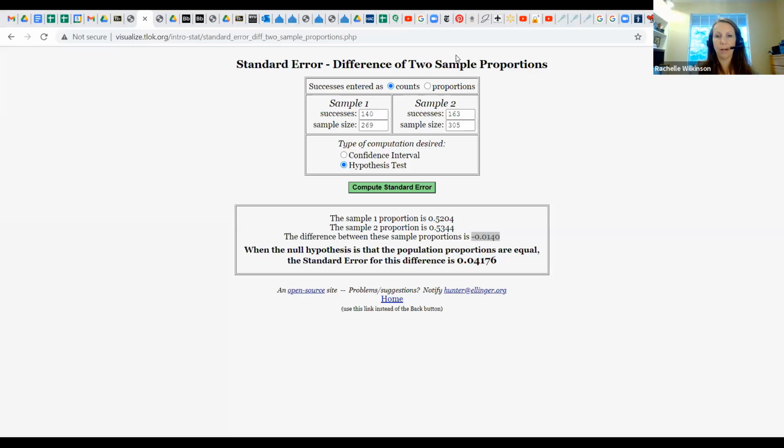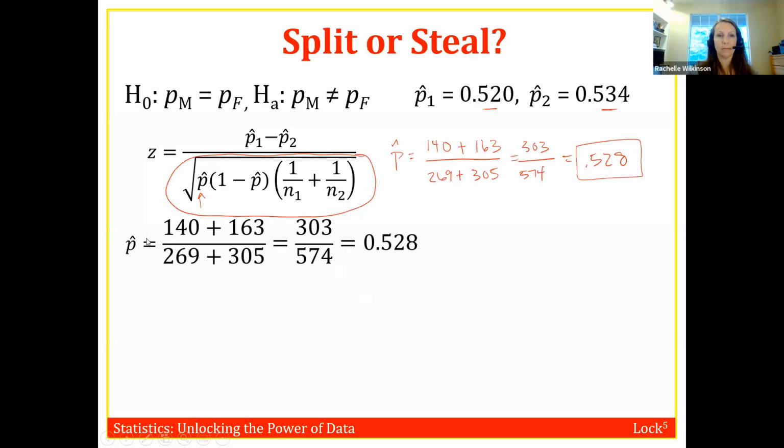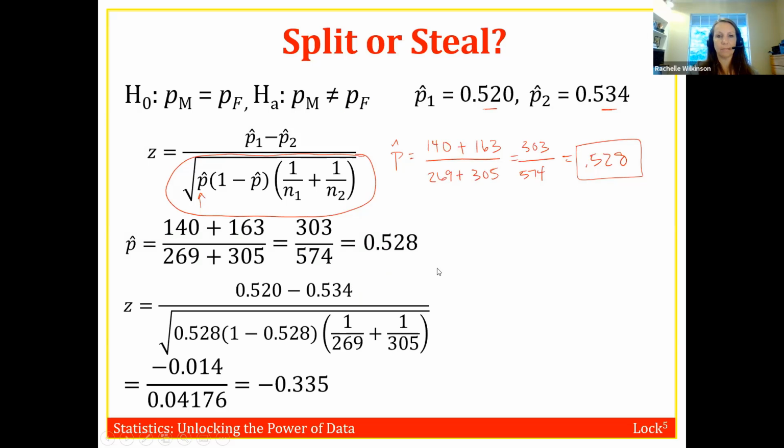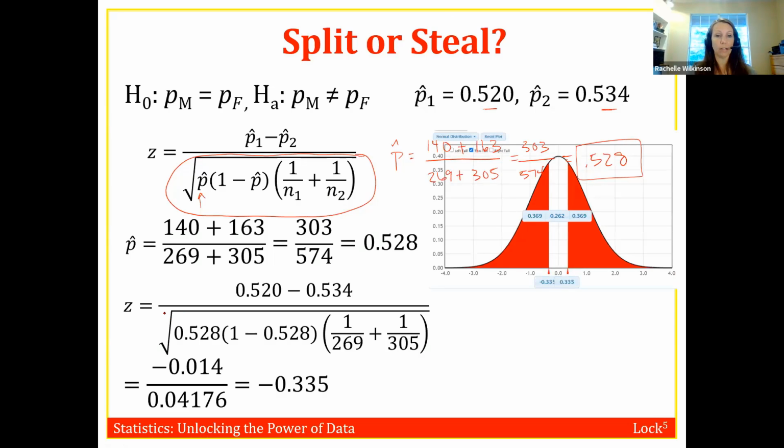So back to my problem here. There's my p hat. That whole standard error portion, everything down there in the denominator, ends up being what we found on the standard error calculator. So if you use the standard error calculator, you can essentially skip all this part and just plug in the denominator, that 0.04176.